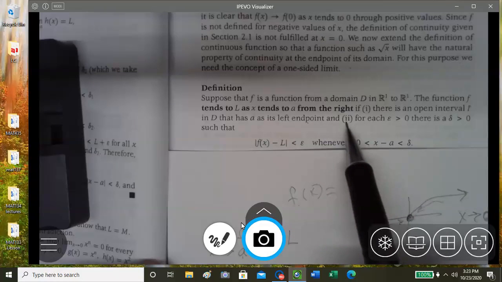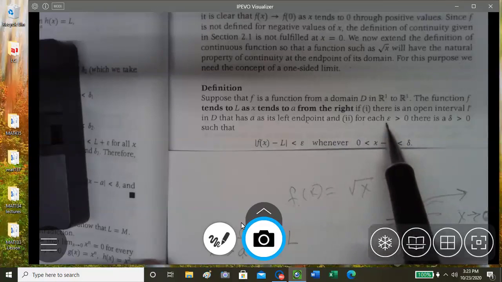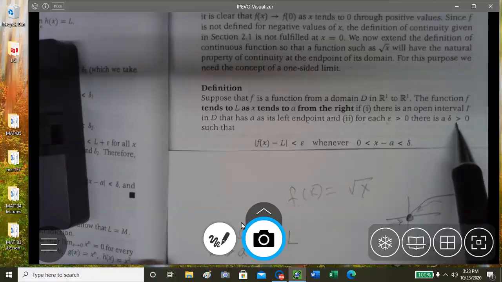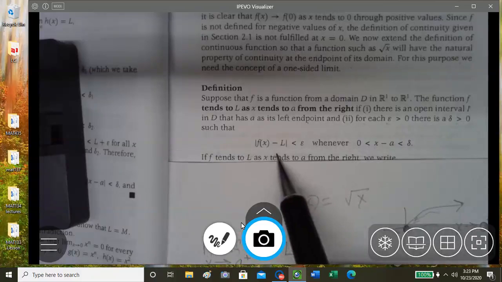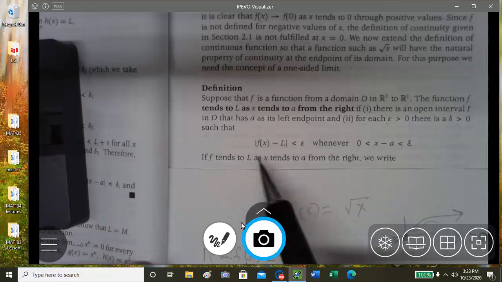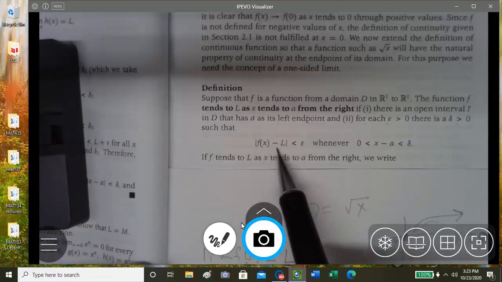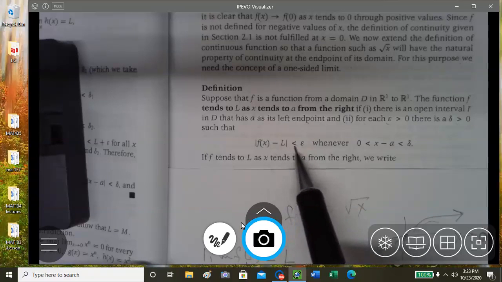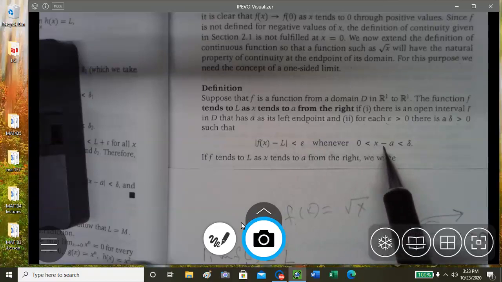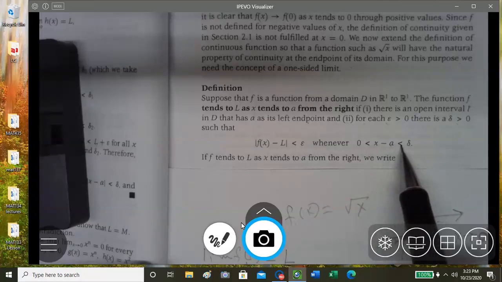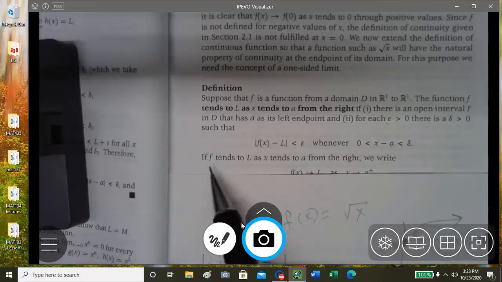And the second condition: for each epsilon greater than 0, there exists a delta greater than 0 such that the absolute value of f of x minus L is less than epsilon whenever x minus A is less than delta but greater than 0.